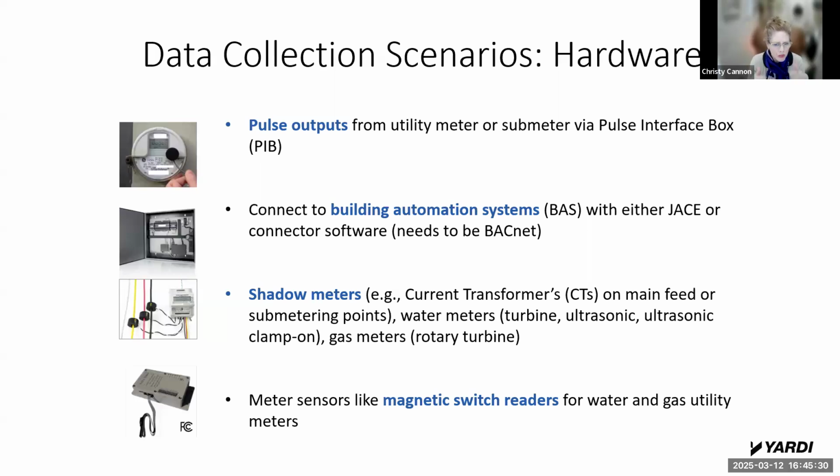And then magnetic switch readers are something newer to us that we've been working with. That's the very bottom option there. And what we like about magnetic switch readers in particular, especially for occupied buildings, because we do a ton of retrofits, I would love it if everything we worked on was new construction.